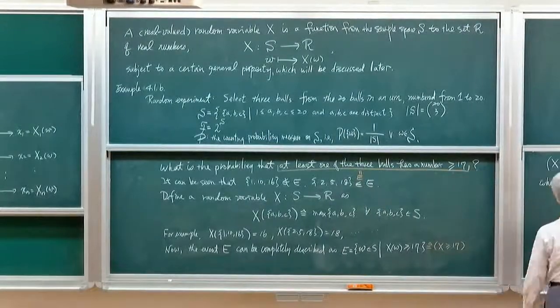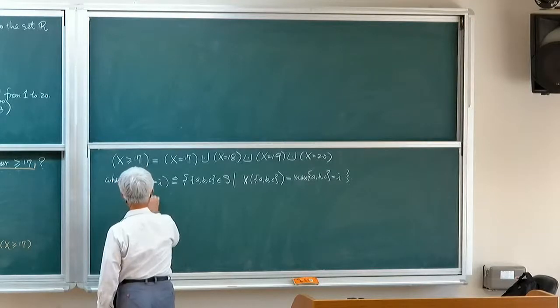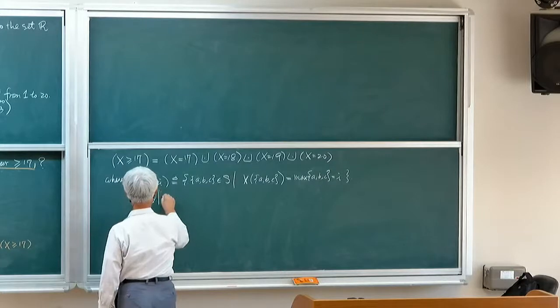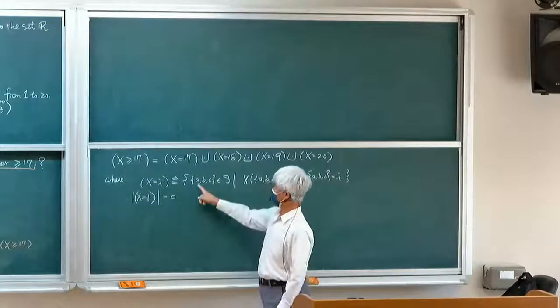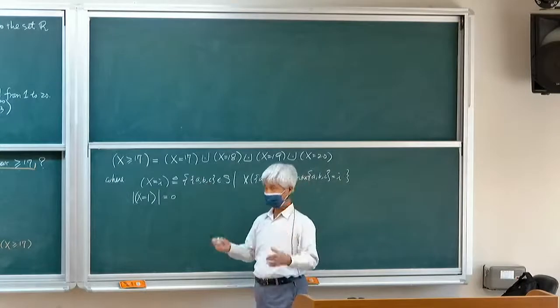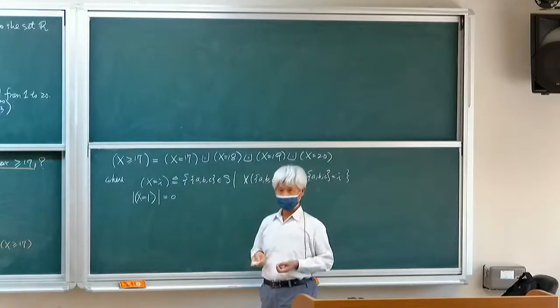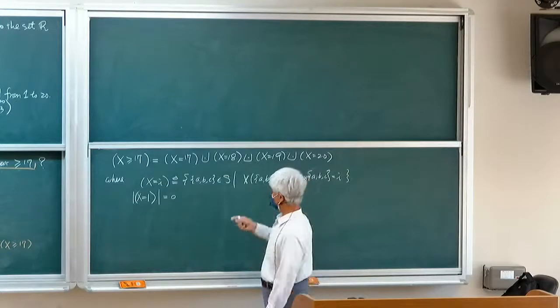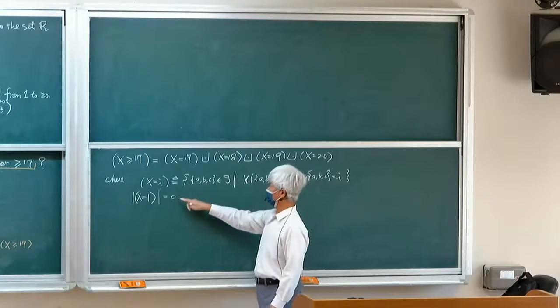So you can say the size of x equal to 1 is 0. Why? Because you have three distinct integers here, and the maximum cannot be equal to 1.